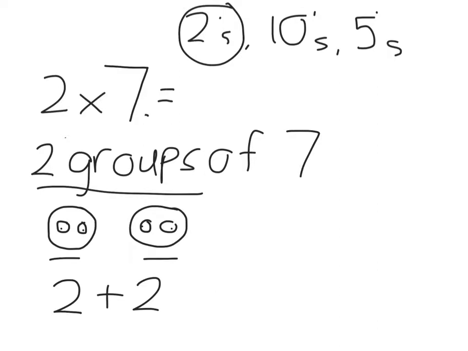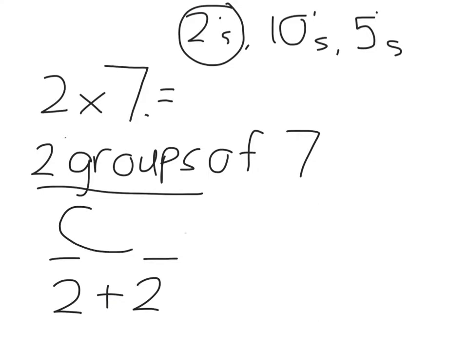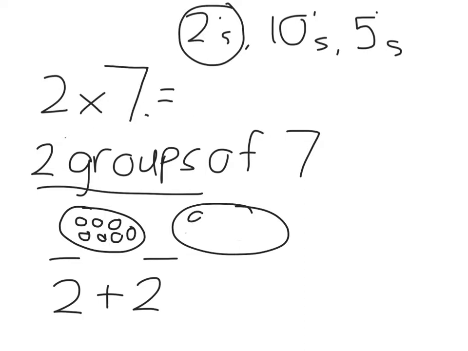I'm just going to make these groups bigger now. So that's going to look like this. There's 2 groups, and I'm going to have 7 in each group. So 7: 1, 2, 3, 4, 5, 6, 7. So 2 groups of 7.